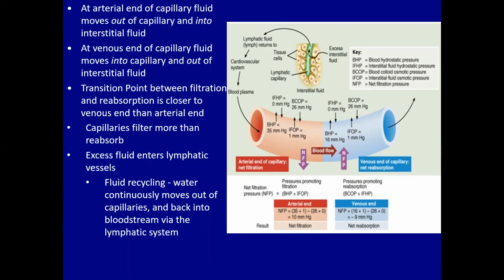This transition point is actually closer to the venous end. It's not exactly in the center. It's closer over here, in that we have capillaries that filter more than they absorb. If there's excess fluid, it's going to enter the lymphatic system that you can see right here. So we recycle our fluid, and the water is going to just move back out into the capillaries, back into the bloodstream, and this is going to happen.